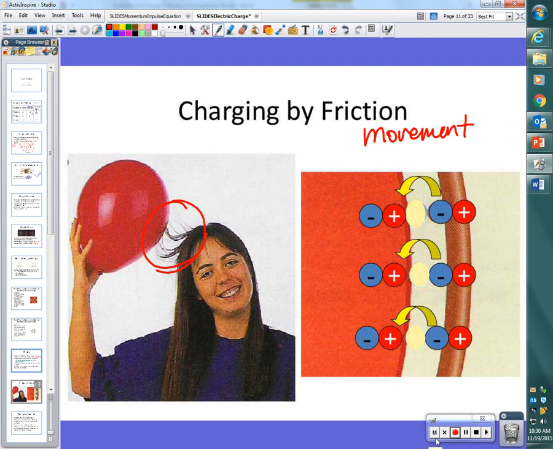What happens when your hair does this? Frizzy hair. When you run that comb or brush through your hair, the comb or the brush gains electrons, but the hair loses electrons.